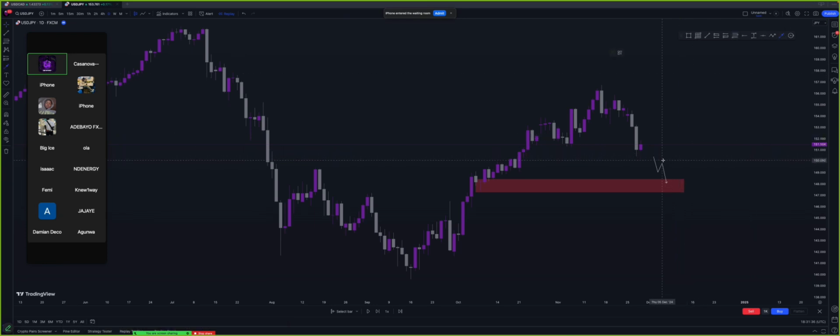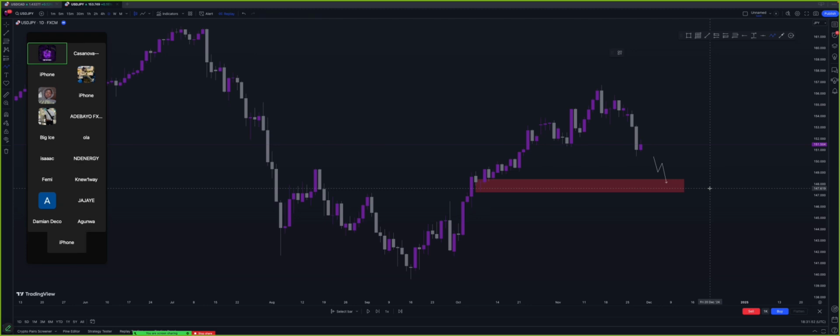minutes. The 15-minute time frame is the time frame that I look out for change of character. I look at change of character on the 15 minutes and the 5 minutes. Those are the two best time frames to look at change of character. You understand?